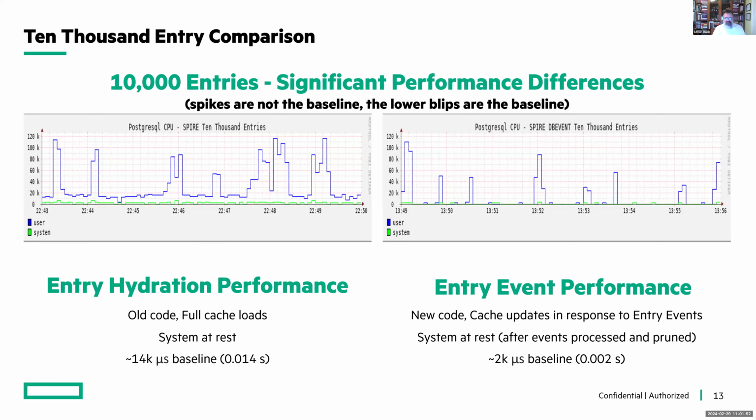When we start getting to 10,000 entries, you'll notice that the baseline starts lifting on the system on the left, which is the system that has the old logic in it. And this is because every 5 seconds, it's pulling all 10,000 entries across. This involves having to do internal memory allocations, paging inside of Postgres, marshaling of the items onto the wire.